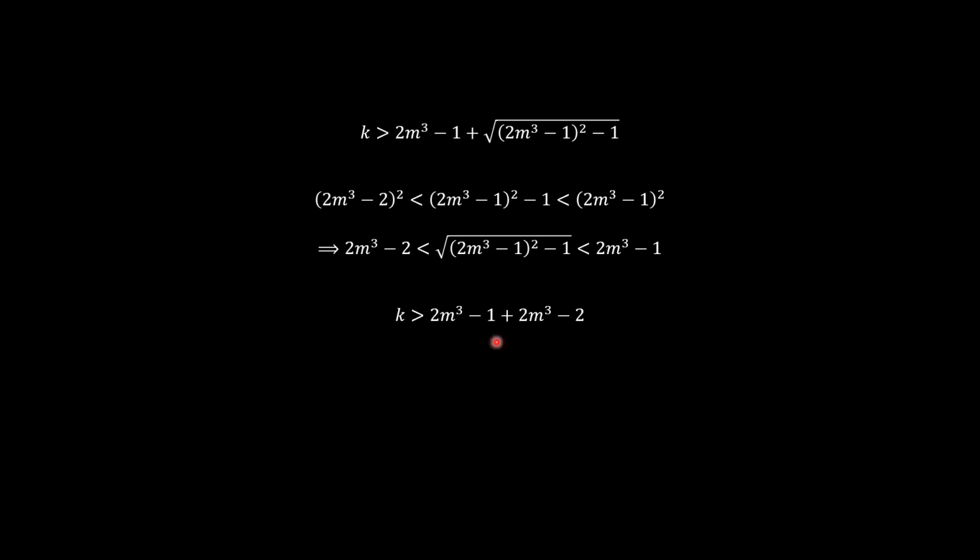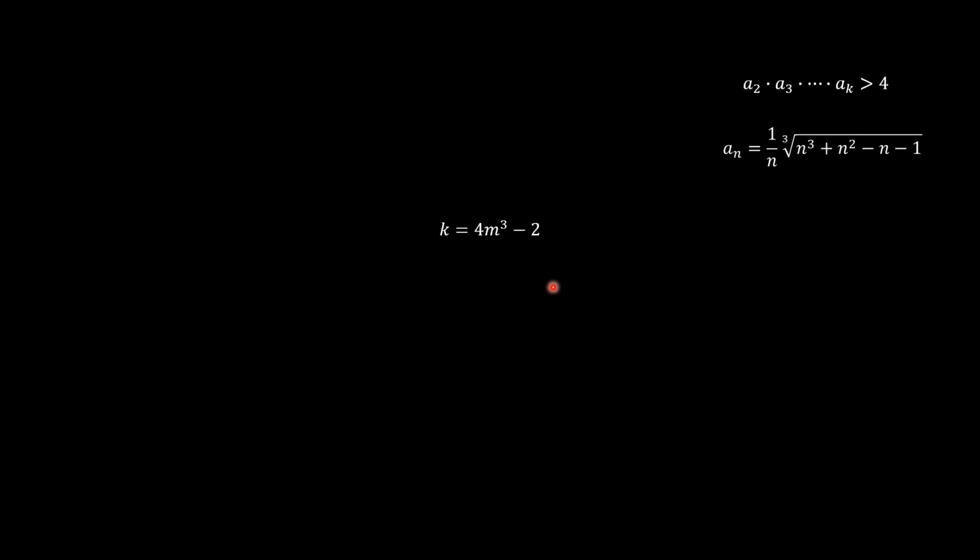So now we group like terms in this inequality after we substituted the lower bound for the square root. And then we get k is bigger than 4m to the third minus 3. But because k has to be an integer, it's just 1 bigger than this. So 4 times m to the third minus 2.